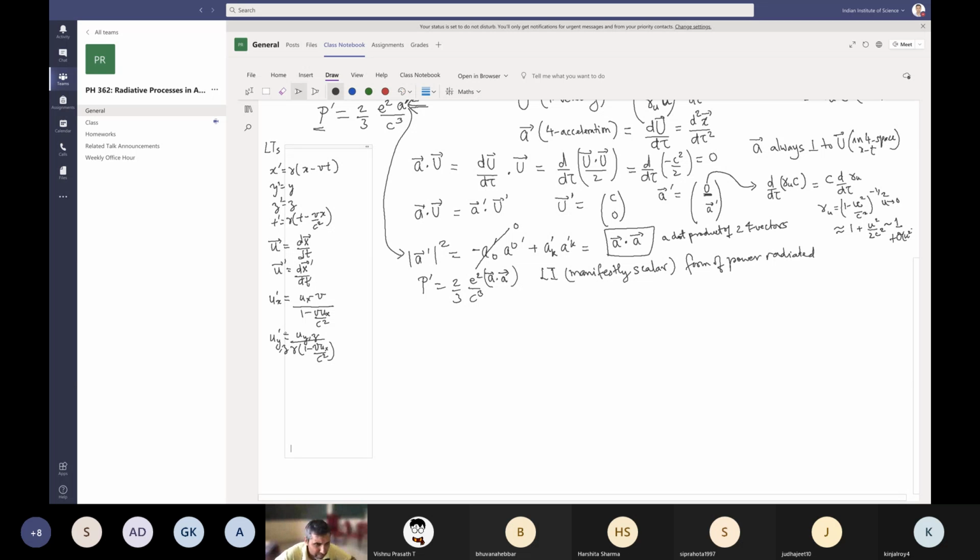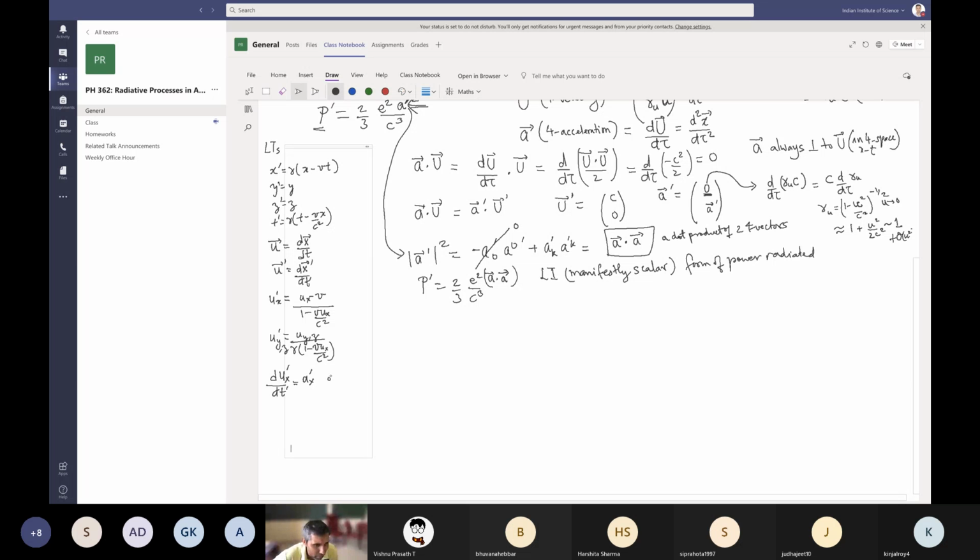Similarly, you can do dux prime by dt prime, which is equal to ax prime. We can again do the same exercise of taking the derivative, which will give us how a transforms from one frame to the other.